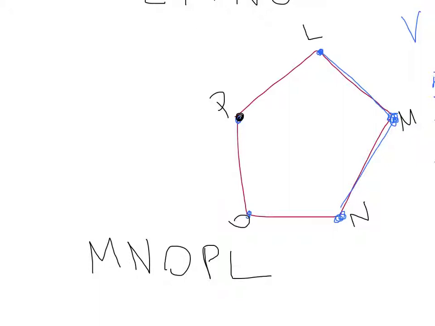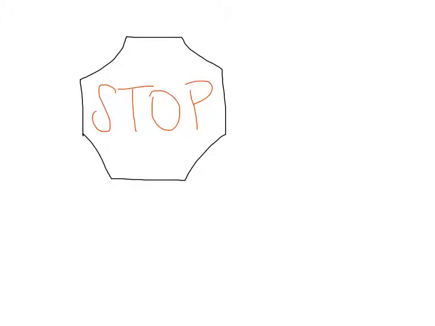It's a pentagon. How many of you have seen a sign like this one? This sign is a polygon. Can you count how many sides there are and tell me what the actual name of a stop sign is? What's the name of this type of shape?